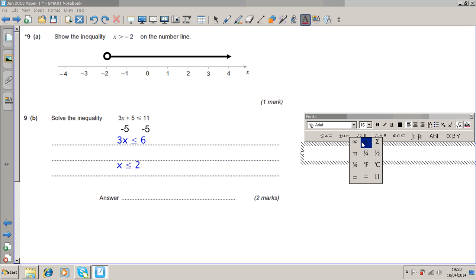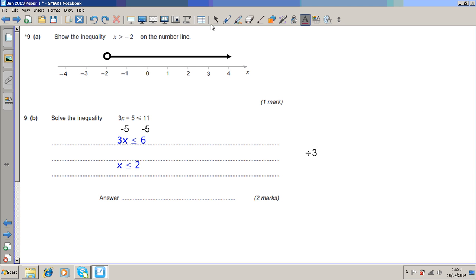So a little divide by symbol, divide by 3, on the next line, to get that x is less than or equal to 2.